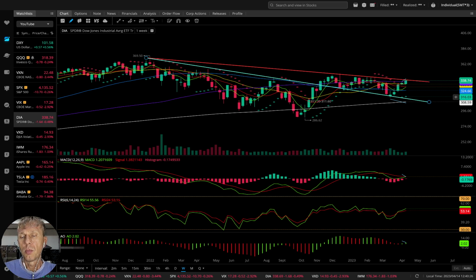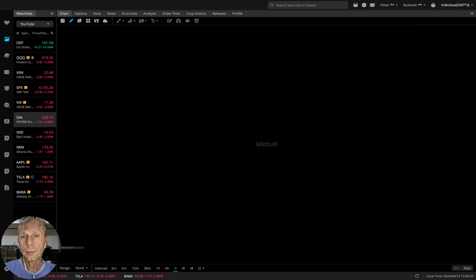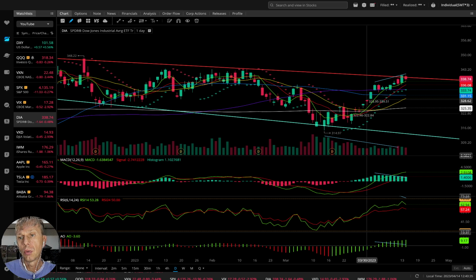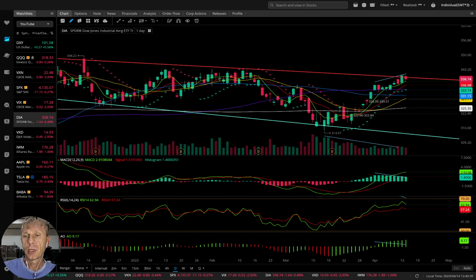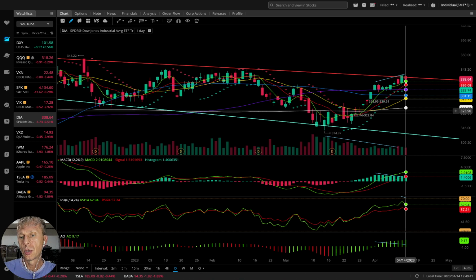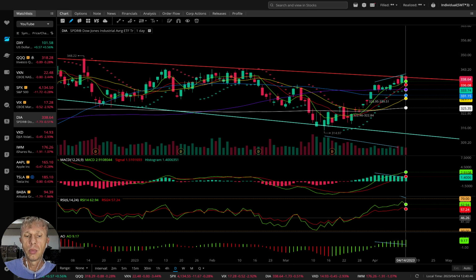The bars are dancing between these two trend lines. Let's move to daily. Daily bullish trend. Last bar touched this major trend line. Still bullish on all indicators. Nothing changed since yesterday. Still bullish.